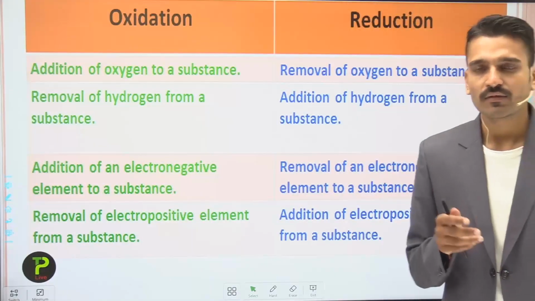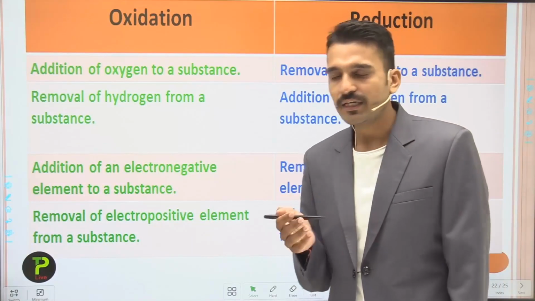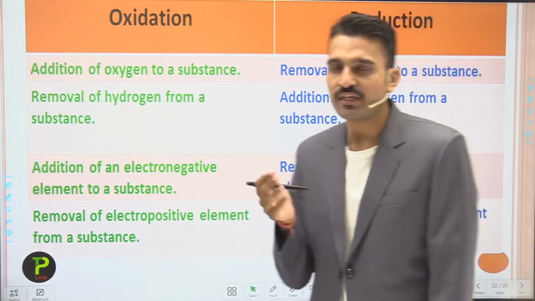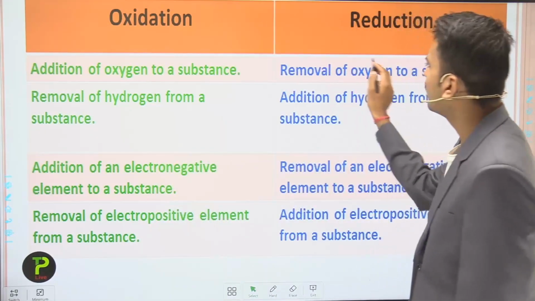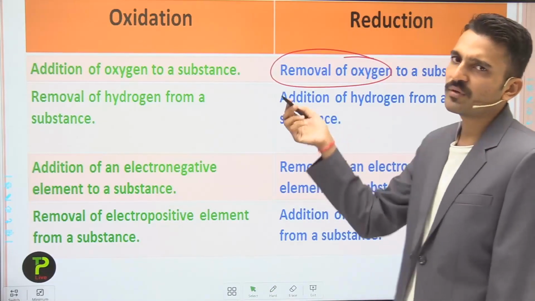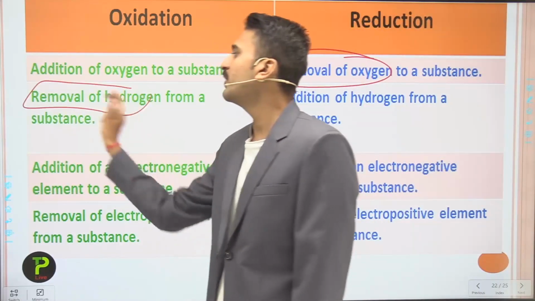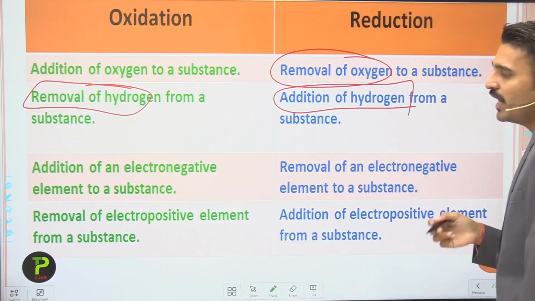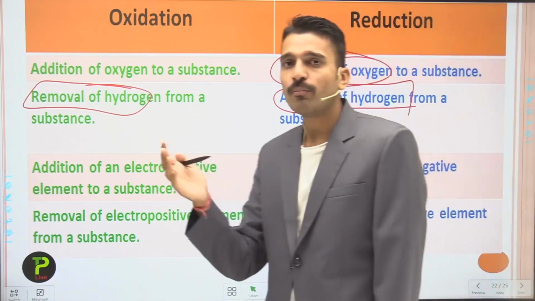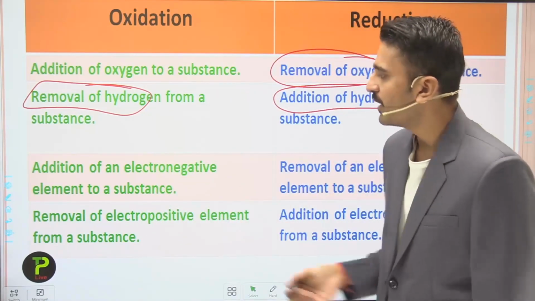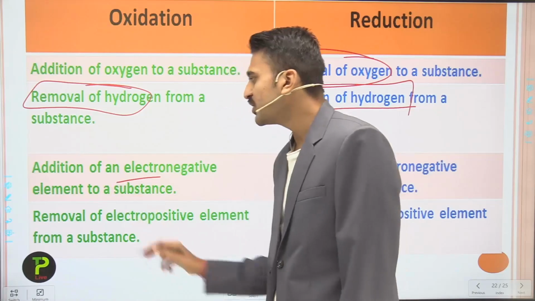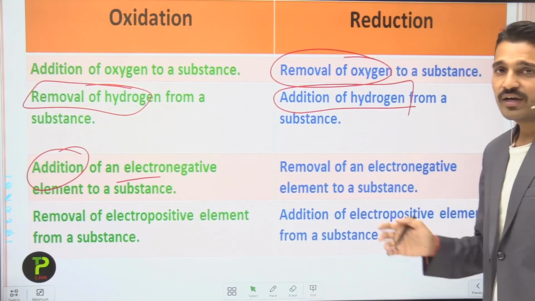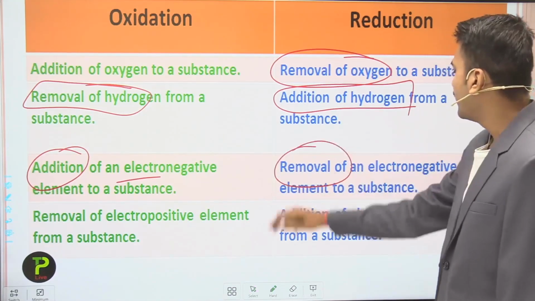So at last let us summarize what we have studied here. For oxidation you have seen the addition of oxygen, while for reduction the removal of oxygen. On the basis of hydrogen, in oxidation there is removal of hydrogen, and in reduction there is addition of hydrogen. In oxidation there is addition of electronegative element, while in reduction there is removal of electronegative element.